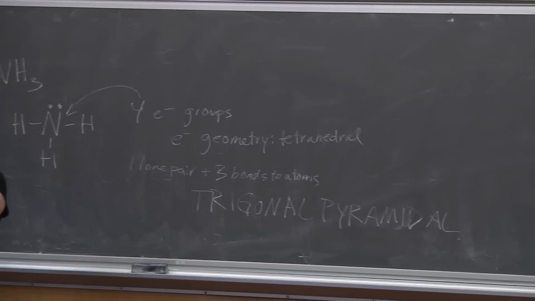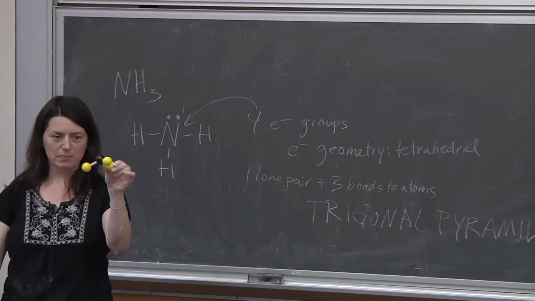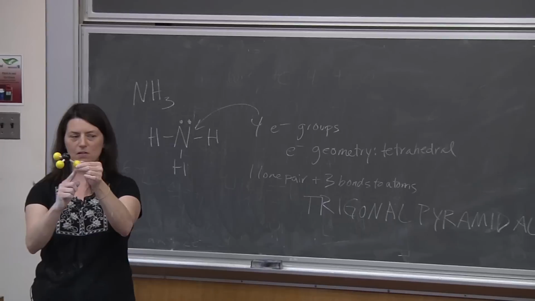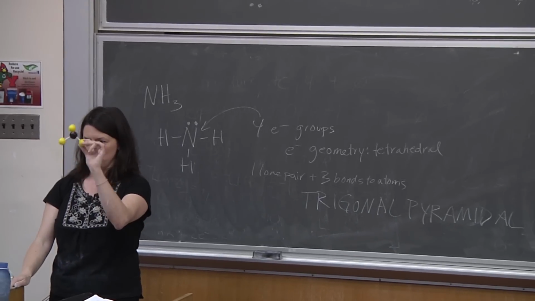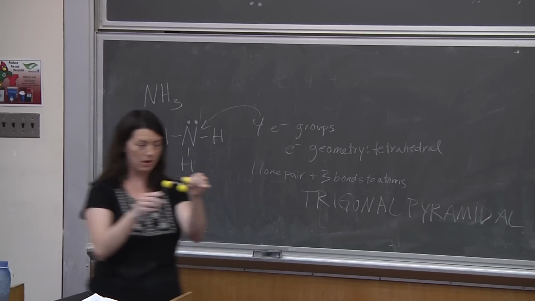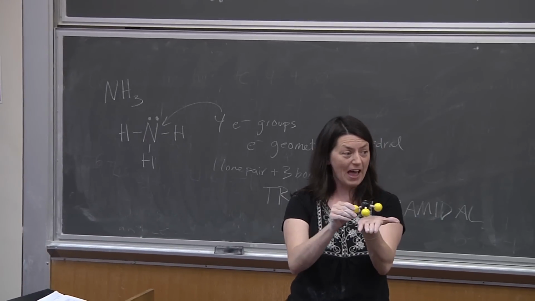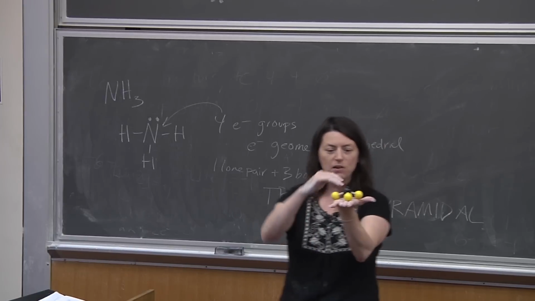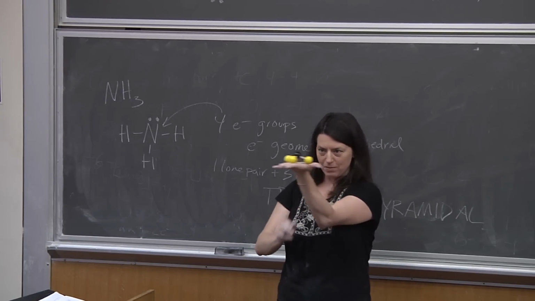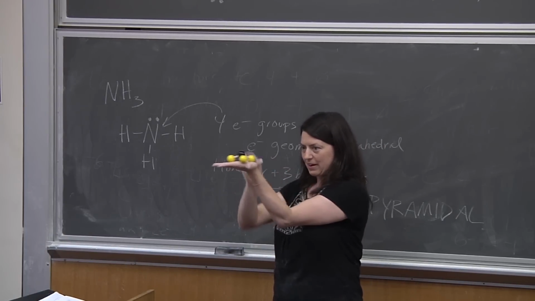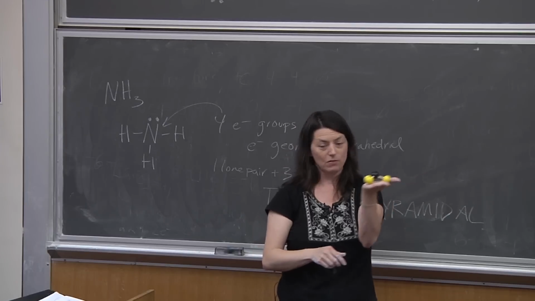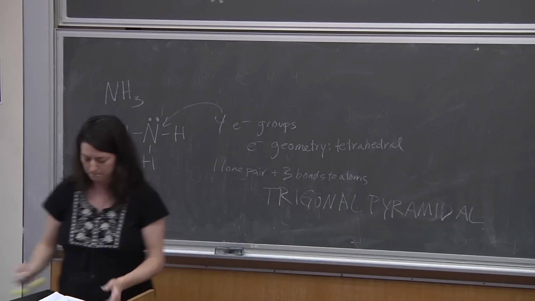It's like a pyramid, except unlike the ones in Egypt, it has a triangle on the bottom instead of a square. So you notice this is not the same thing as trigonal planar. Trigonal planar is flat, and if it was on my hand, all 4 atoms would be touching my hand. But this one is actually standing up a little bit, right? So that's trigonal pyramidal.